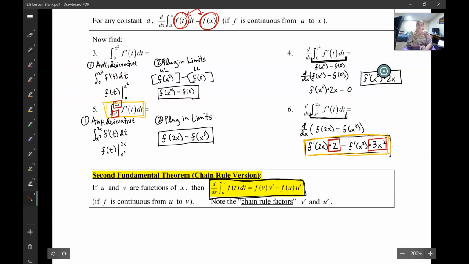That is what the second fundamental theorem of calculus says. In the next video, we'll go through a couple examples where we apply this theorem.